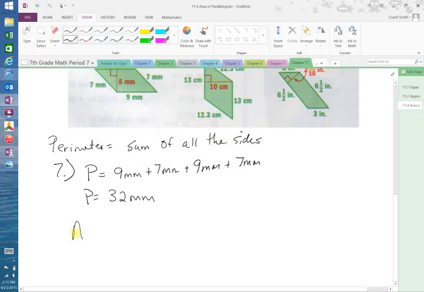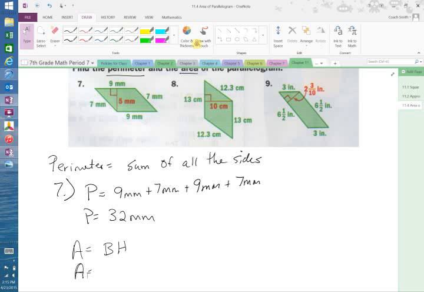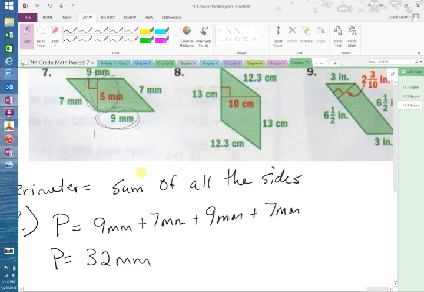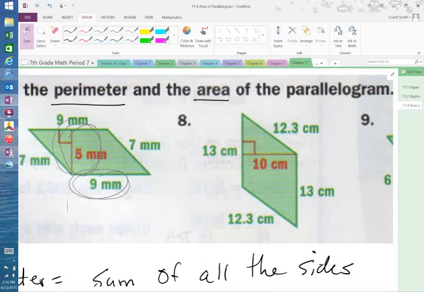Now if we look at area, once again, area is equal to base times height. So area is equal to, there's your height right there. So the base then has to be this. This is where it becomes important. Here is the right angle.